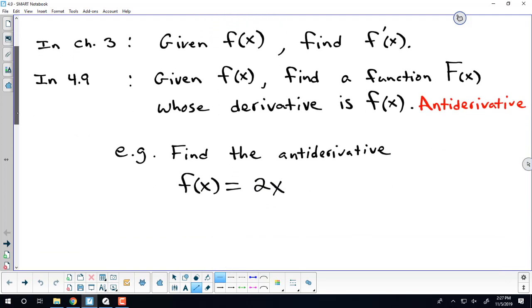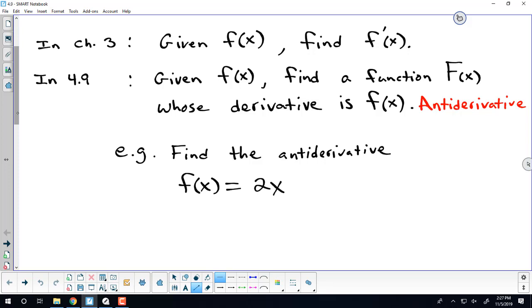So in Chapter 3, when we said, here's a function, what's the function's derivative? Depending on what the function was, we had different rules to find the derivative. When we talk about antiderivatives, we're given a function, lowercase f, and we want to find a function whose derivative is the function that's given to us.